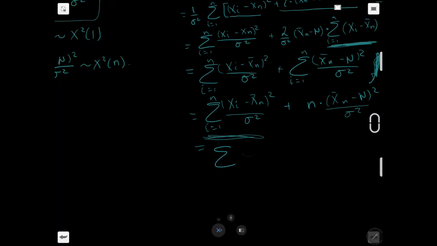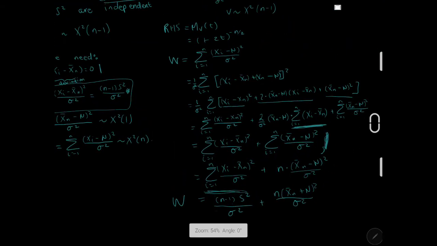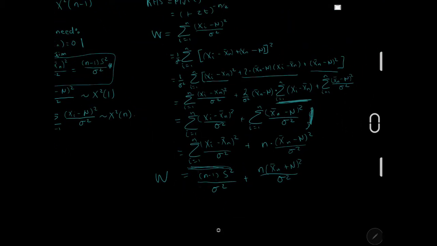I'm actually going to do just that. So this is equal to n minus 1 s squared over sigma squared plus n times xn bar minus mu all squared over sigma squared. And remember that this is equal to w, which is what we had at the top.